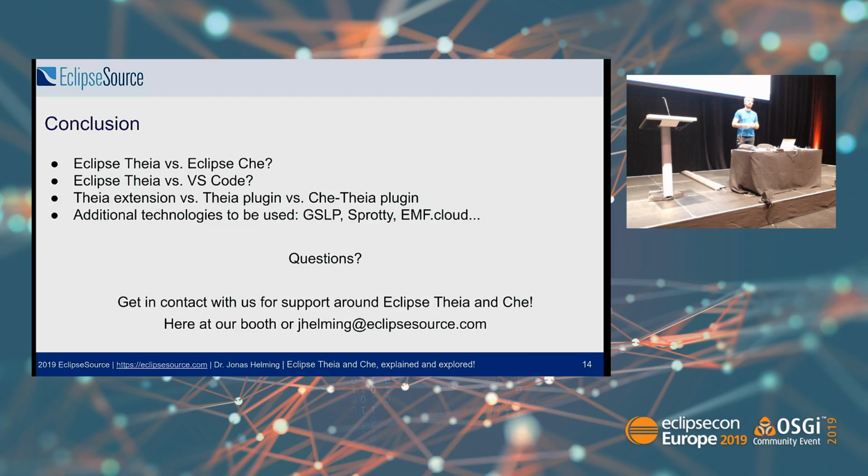They have a limited API, but they're running in their own process. This API is similar to the VS Code one, so you can reuse VS Code plugins in Theia and the other way around with some limitations, so you need to test that. And a Che Theia plugin is the combination of a Theia plugin with the underlying runtime dependencies that are deployed on the container via a sidecar.